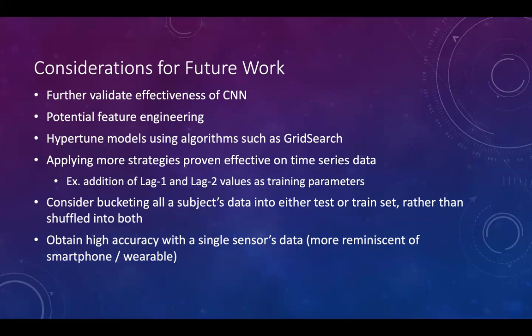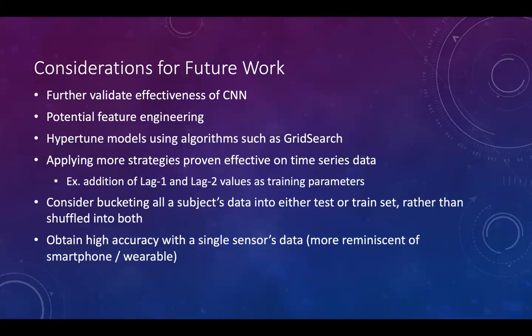For some models, this could be beneficial. But one thing that hindered me from doing this was not having a lot of domain knowledge. Also, hypertuning. I initially tried to use algorithms such as grid search, but they were computationally expensive, and so I just did it one by one. But I think it would be good to use those types of algorithms.